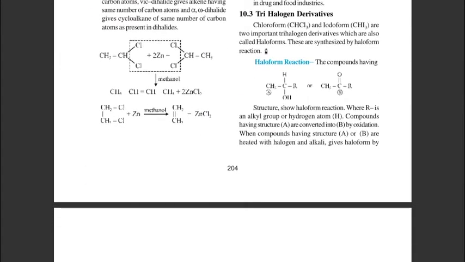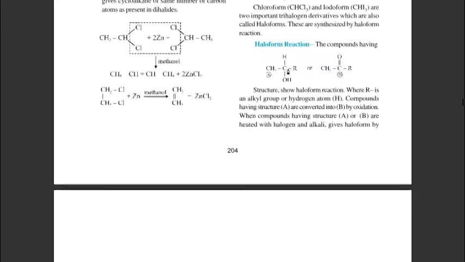Now, trihalogen derivatives. Chloroform and iodoform, CHCl3 and CHI3, are two important trihalogen derivatives which are also called haloforms. These are synthesized by the haloform reaction. So let us discuss the haloform reaction. The compounds having these structures A or B, where R is any alkyl group or hydrogen atom.